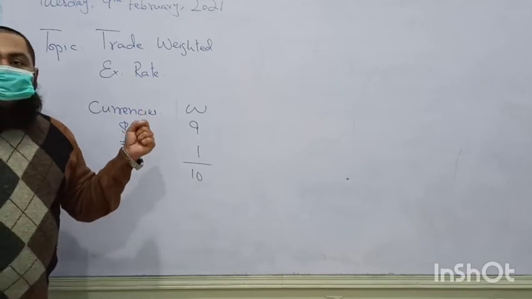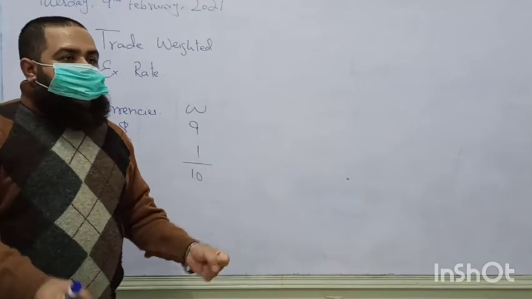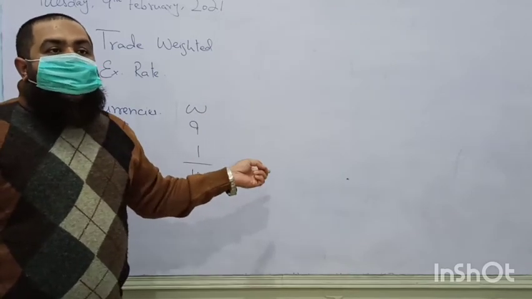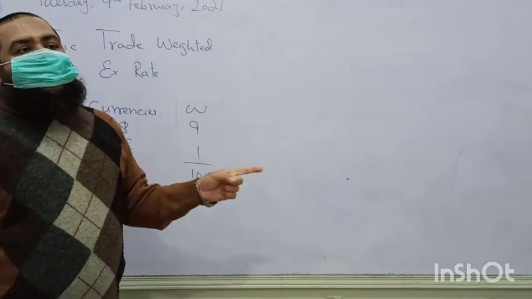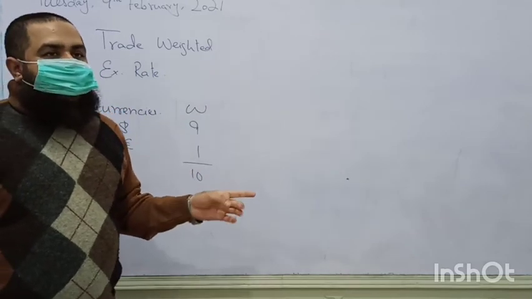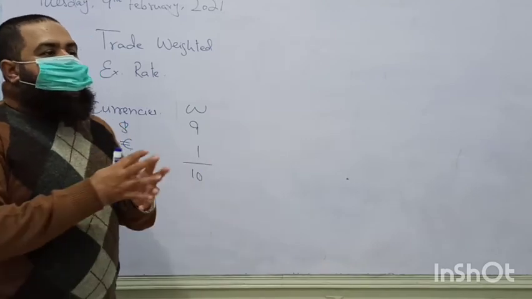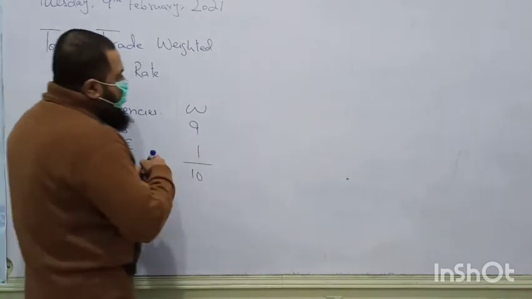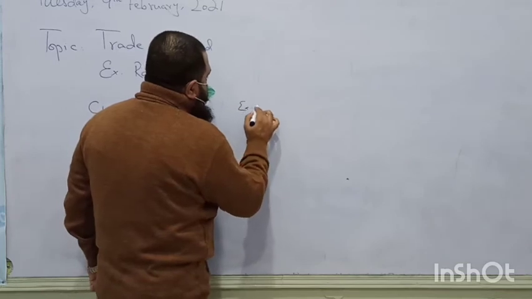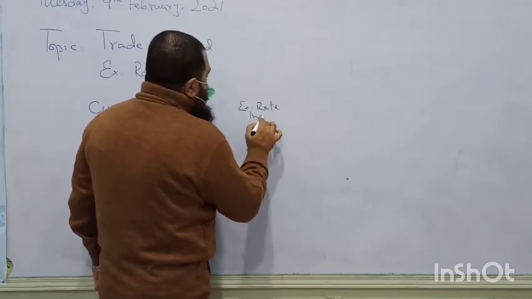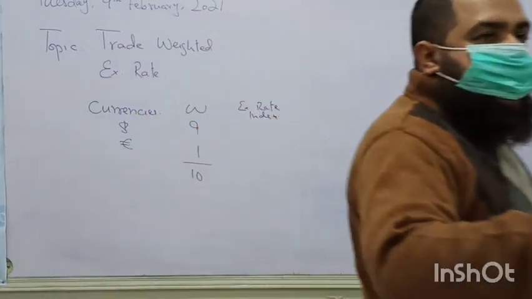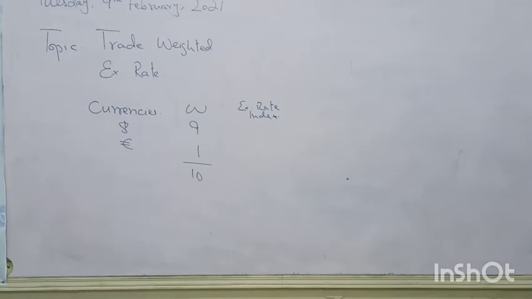When our currency depreciates against the dollar, it also depreciates against the euro and the pound sterling, because now we are in the multilateral exchange rate rather than bilateral. Multilateral means there are many other currencies which are also used to determine the exchange rate with the Pakistan rupee. Now I see the exchange rate index. As with the retail price index, if the price of one commodity increases, its index goes above 100.